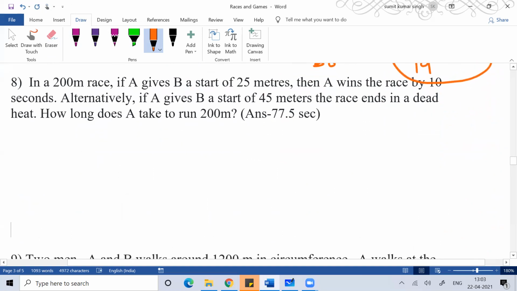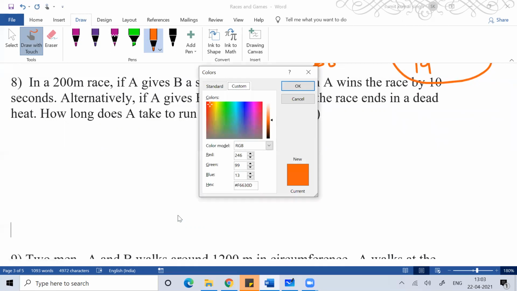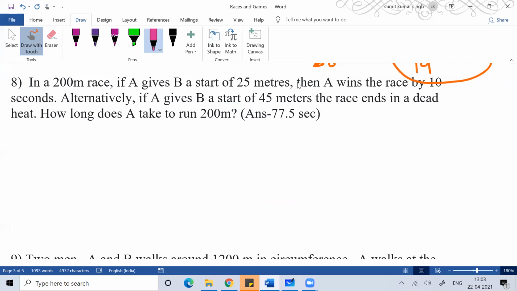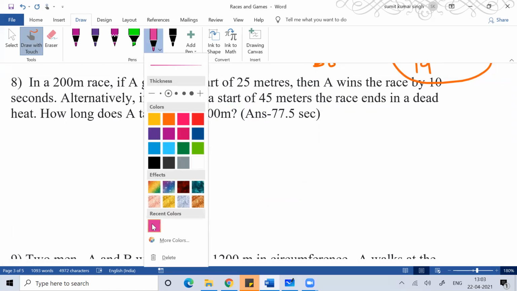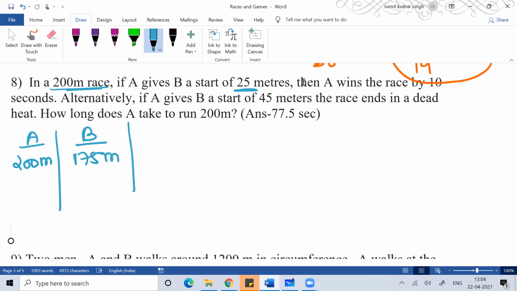So you can see the next question. In a 200-meter race, if A gives B a start of 25 meter, so A told B that I'll run 200 meter, you run 175 meter.